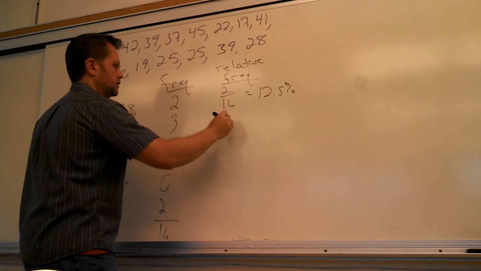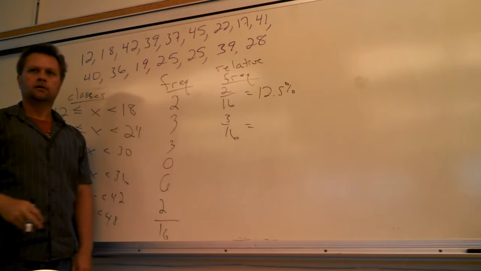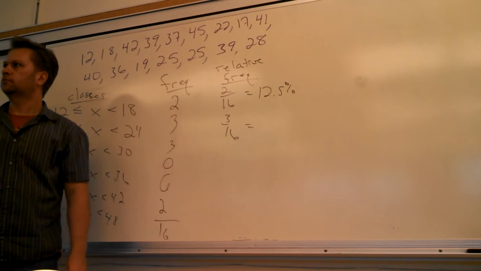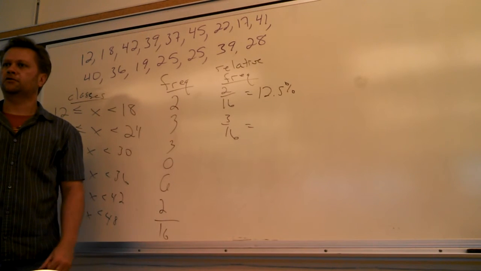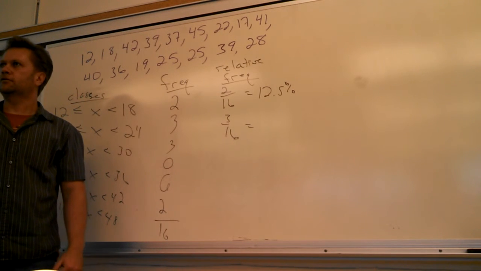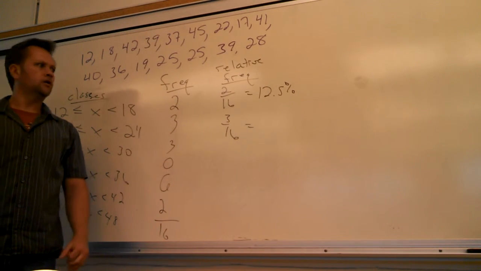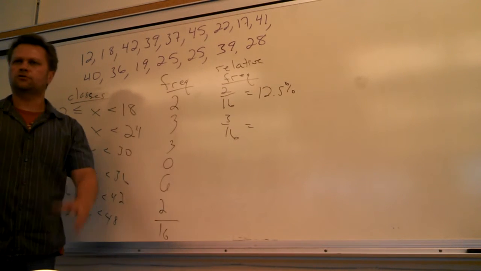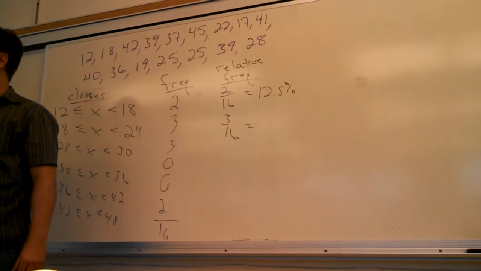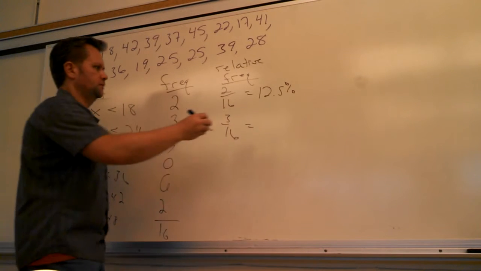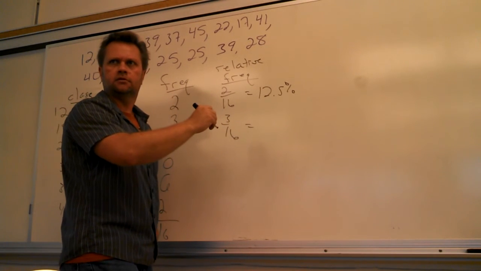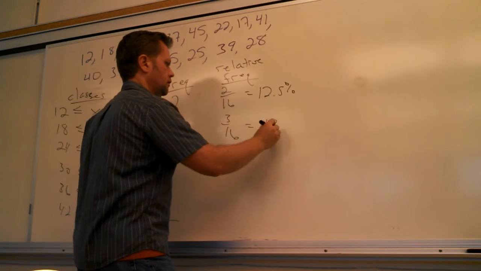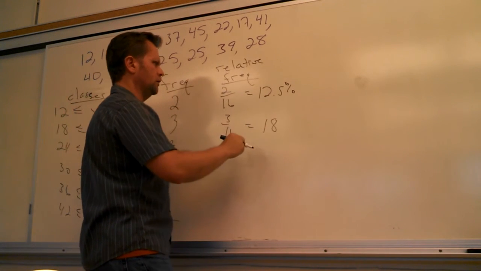So then this will be 3/16, which will be, I don't know, 0.6? I'm not going to try. Somebody help me out. 1/4. Yeah, 18 point something, right? 0.8125? No, 8.125. Wait a minute.